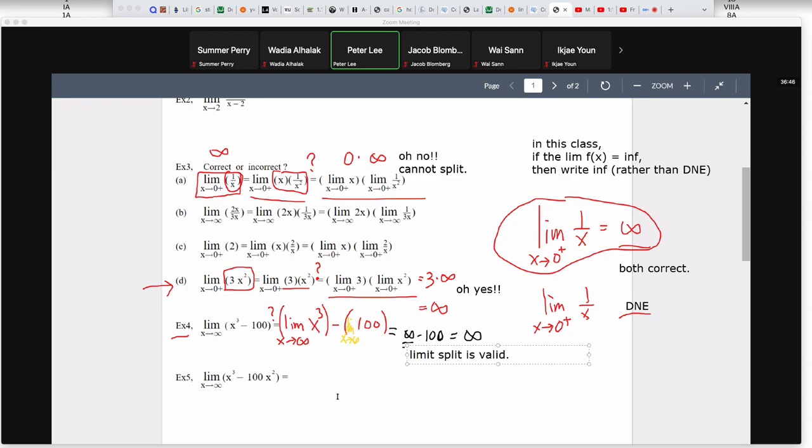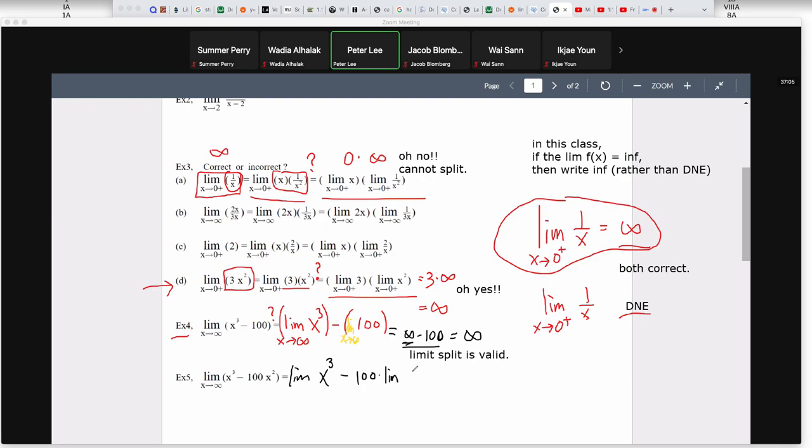Now let's look at example 5. Can you split this limit? So this is now the limit of x cubed, and then minus the limit of 100 times x squared, and then we can actually split the limit as well, and 100 can actually be split as well.